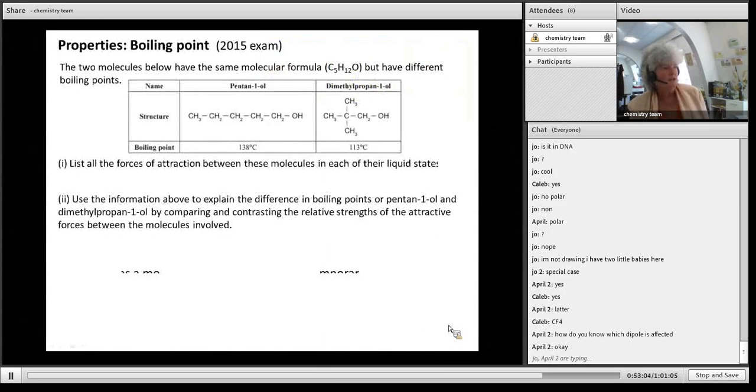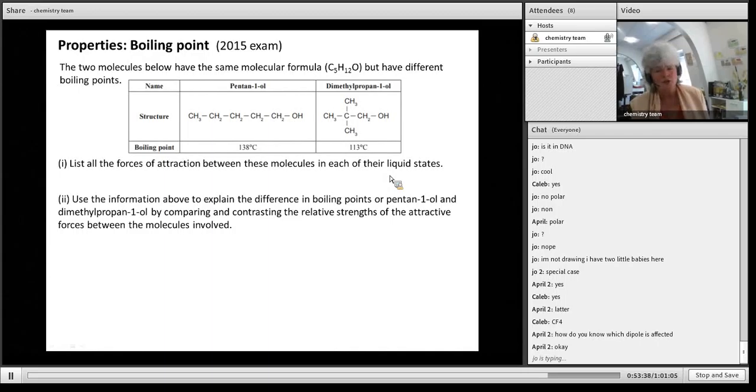Right, so here's last year's exam. You get given 2 isomers. If you did organic chemistry last year, you'll know these are isomers, same molecular formula, but different connectivity, the way they're connected together. This is a long, flattish molecule. This one is quite a round molecule. First of all, list all the forces of attraction between them.